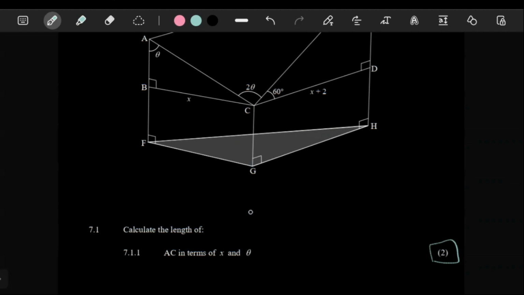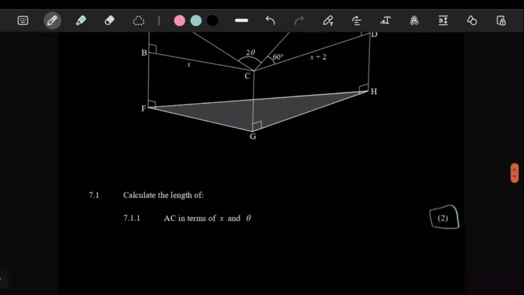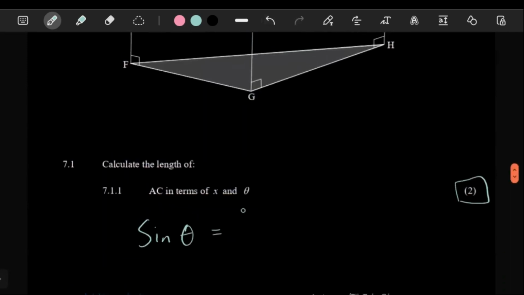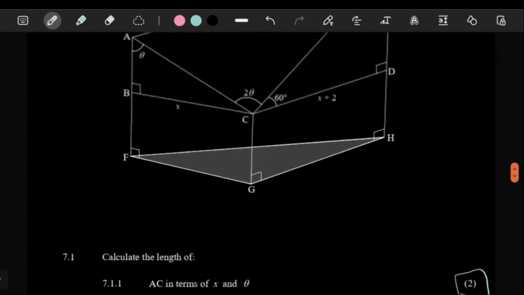So we can just use normal trigonometry, because this is our opposite, and this is our angle, and this AC is going to be our hypotenuse. So opposite over hypotenuse, we can use sine theta. So sine theta is equal to opposite, which is x, over hypotenuse, which is AC.